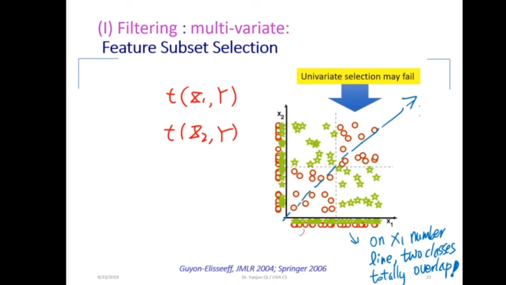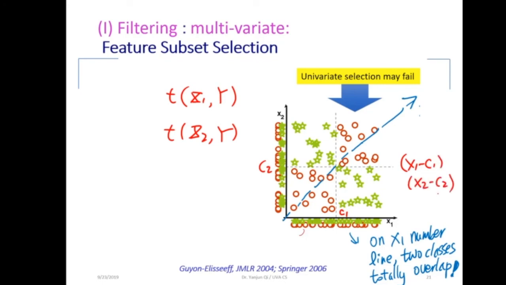A simple line, x1 plus x2, is not the best. But actually a good feature, assuming this is C1 and this is C2, is x1 minus C1 times x2 minus C2.